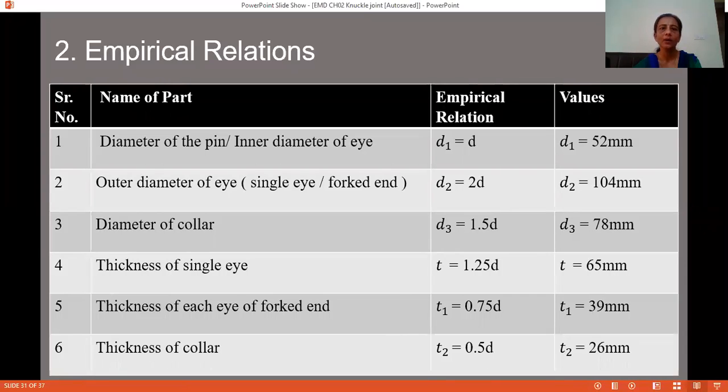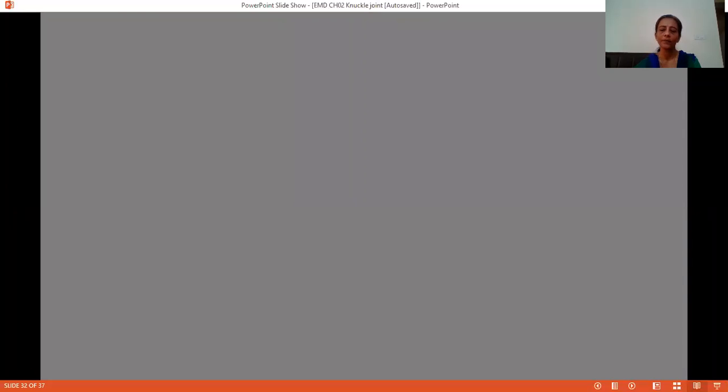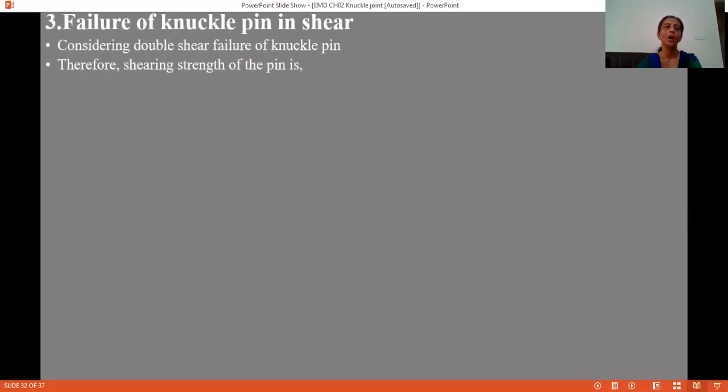After finding all the parameters, now we need to check design of knuckle pin, design of single eye, and design of forked end. First of all, we will check design of pin in double shear failure. The strength equation of pin in double shear failure is P is equal to 2 into pi by 4 d1 square into tau.